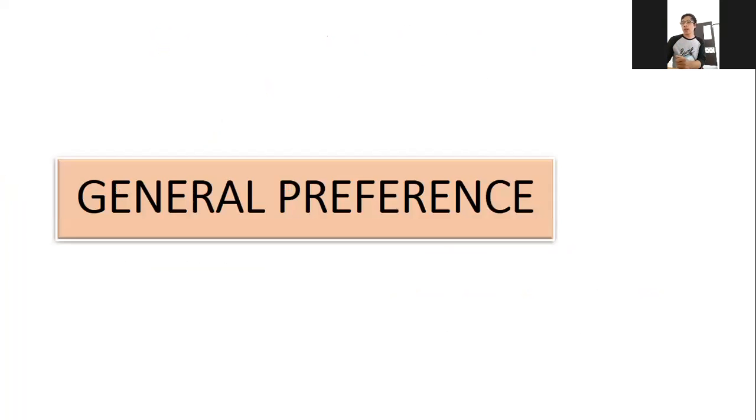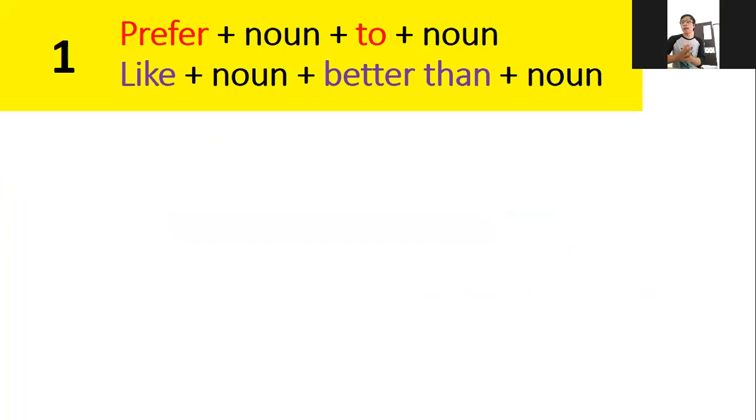So let's start from general preferences here. When you want to express general preferences, you may use this formula: prefer plus noun to plus noun. Or as another option, you may use this formula: like plus noun plus better than plus noun.